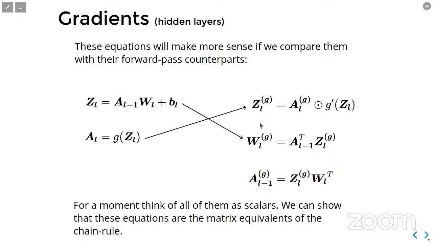And the second one? The second one, to understand this, you have to read this part. If all of them are scalars, then dou L by dou W is equal to dou L by dou Z into A. That is what we do.